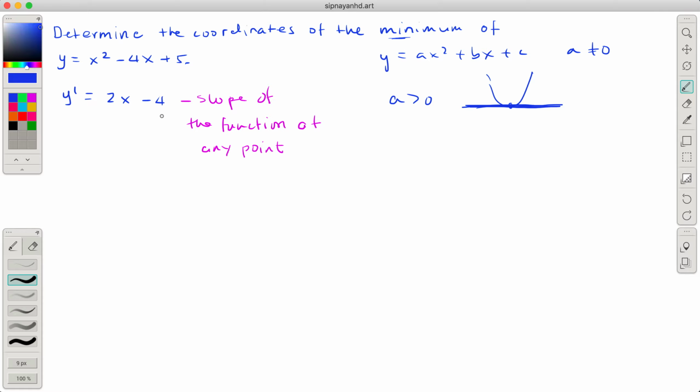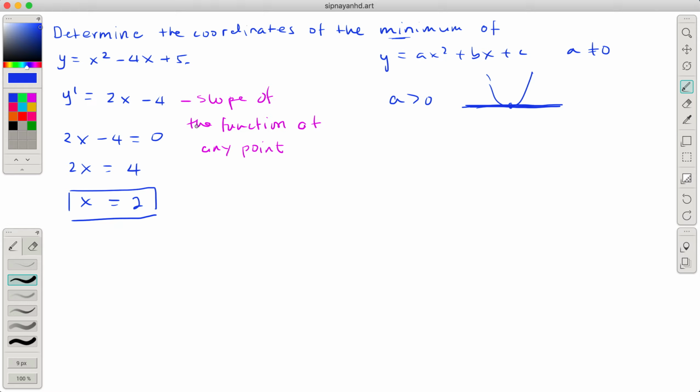So meaning, gagawin natin 0 yung y prime natin, o we want to equate 2x minus 4 to 0. So 2x minus 4 is equal to 0, and we have 2x equals 4. Solving for x, we divide both sides by 2. So, x equals 2.